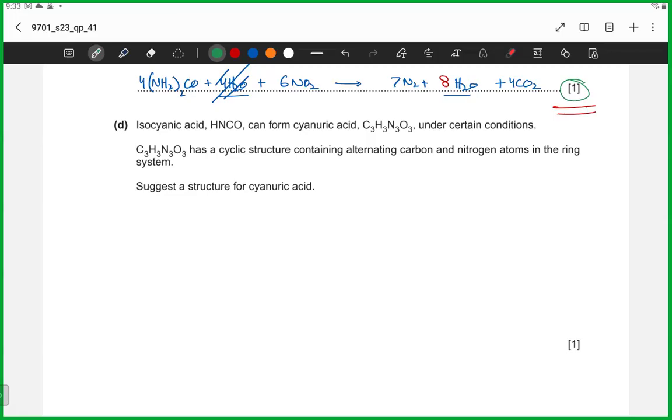So first thing, it's got a cyclic structure, alternating carbon and nitrogen atoms, right? So that's one. So there are 3 carbons and 3 nitrogens. Can't you just add like 1 hydrogen and nitrogen on each carbon? Okay. 1 hydrogen and 1?